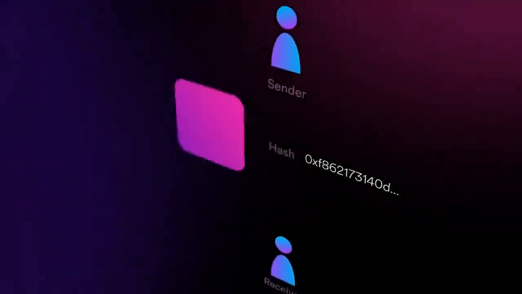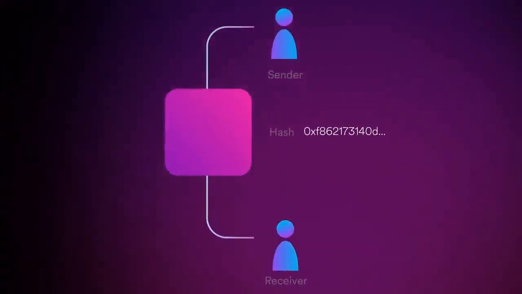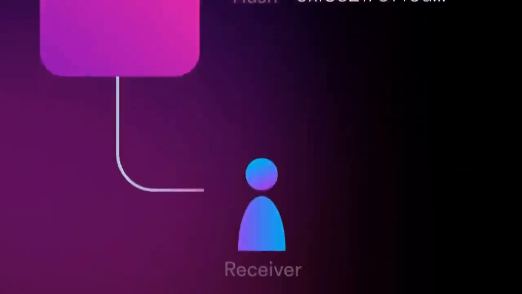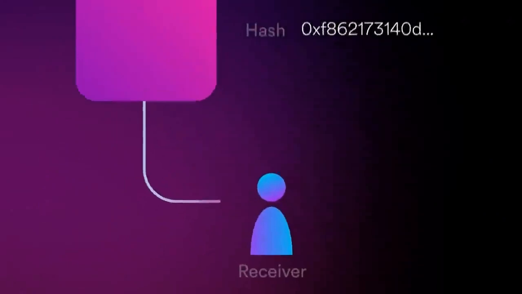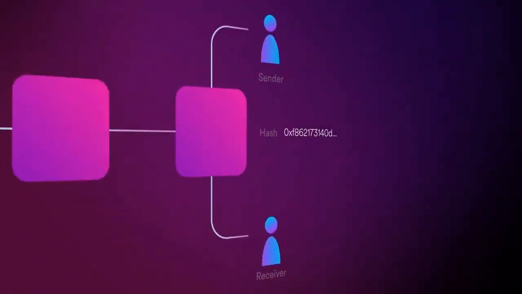So again, we talked about the idea of these blocks being linked to one another. In a block, you can think of it as a transaction, and that block holds transactions and their data and information of what is happening. So that data could include who the sender of the transaction is, who the receiver of the transaction is, and what data is being either stored or transferred between these two parties.